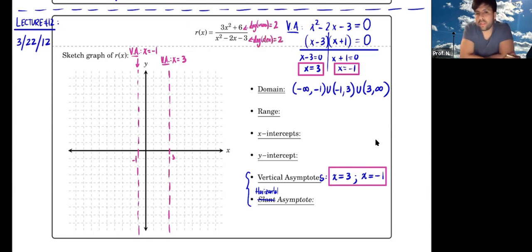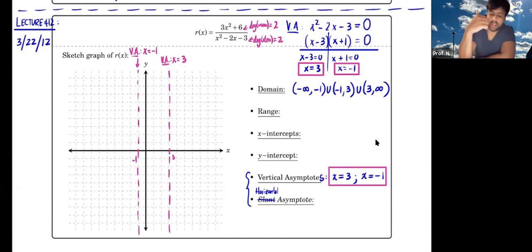So because the highest exponent for the numerator and the denominator are both equal to one another, then remember we talked about those three cases for horizontal asymptotes. This is the case where both the numerator and denominator have the same degree, and because they have the same degree, then the y asymptote, pardon me, is the ratio between the leading coefficients of the numerator and denominator.